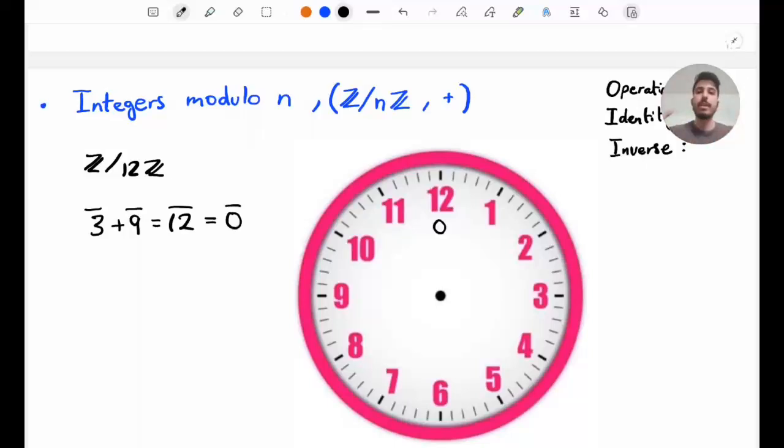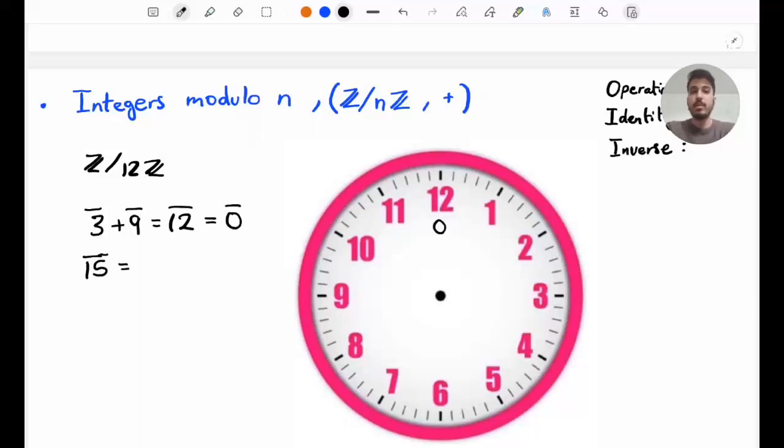So this system effectively reduces all of the numbers that there are modulo 12. For example, could you tell me what 15 modulo 12 is? What is that equivalent to? Well, to figure that out, we need to keep subtracting 12 until we end up with a number that is strictly between 0 and 12, including 0, of course.